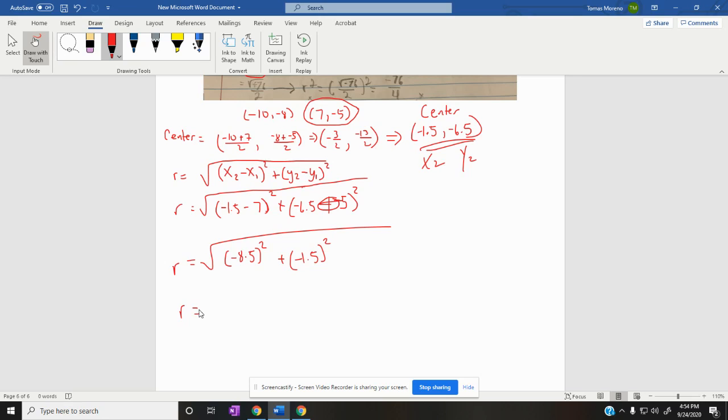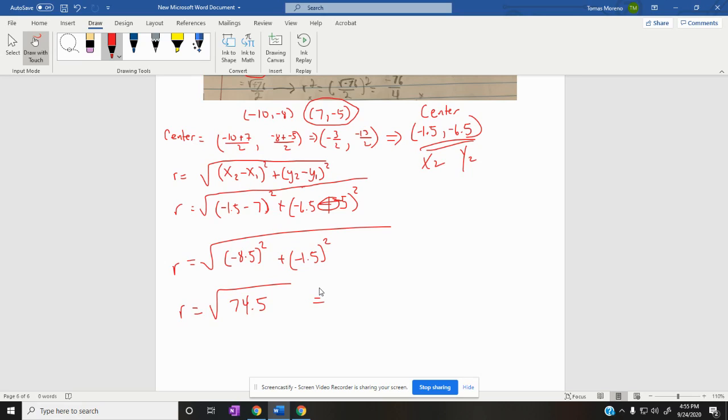I don't know what these are squared, so I'm just going to type them in my calculator real quick. -8.5 squared plus -1.5 squared. And that actually gives me 74.5. Since we're dealing with decimals, I'm just going to take the decimal of that.